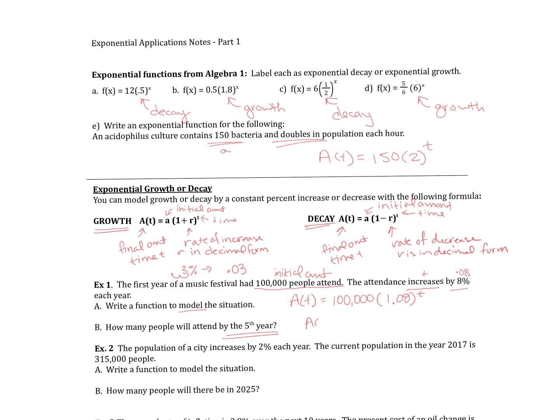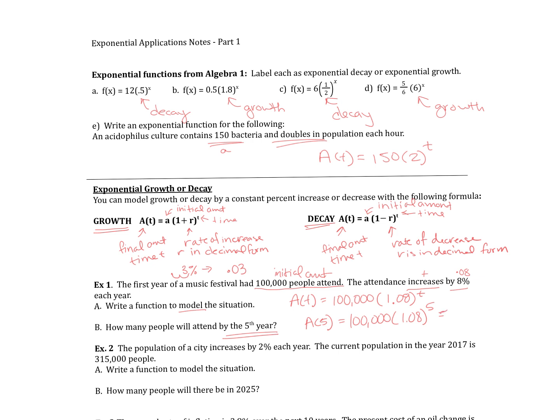So by year number 5, when t is 5, I'm going to have 100,000 times 1.08 to the 5th power. So remember, by PEMDAS, we have to do exponents before multiplication. So let's do 1.08 to the 5th power. And then let's multiply that by 100,000.